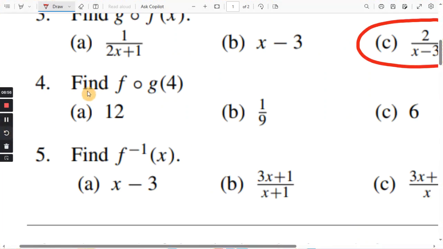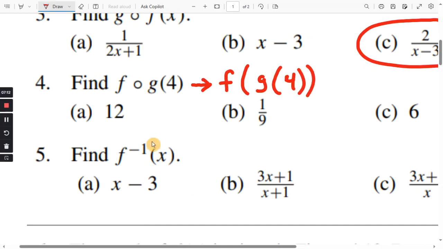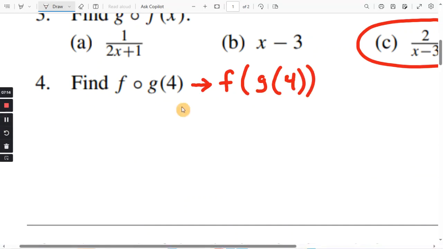Number 4, find f of g of 4. So that is written as f of g of 4. So what does that mean, f of g of 4?